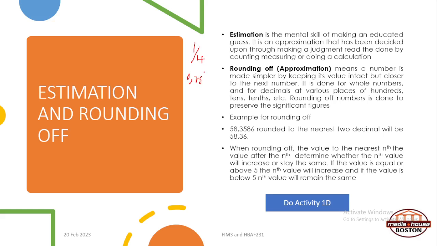And then an improper fraction is when we have 5 out of 4. It means that we now have an improper fraction, meaning that the numerator is bigger than the denominator.